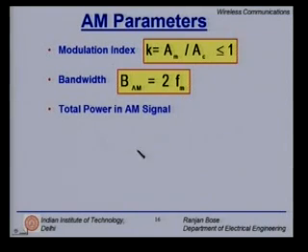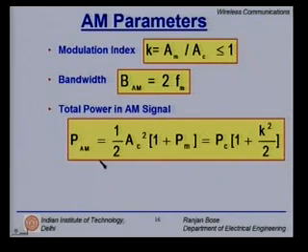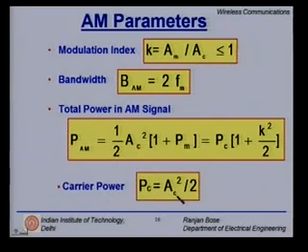The total power in the AM signal, P_AM, is given by the formula half A_c squared (1 + P_m), and the carrier power P_c is A_c squared by 2. So, with this we know everything there is need to know about the AM signal. We can quantify the AM signal by these 4 equations.